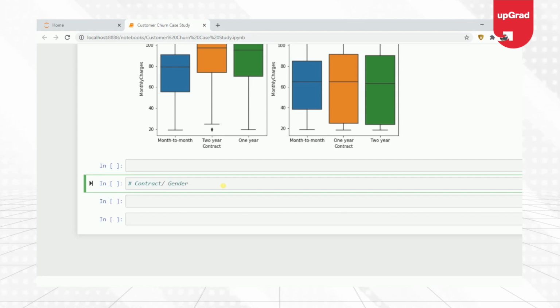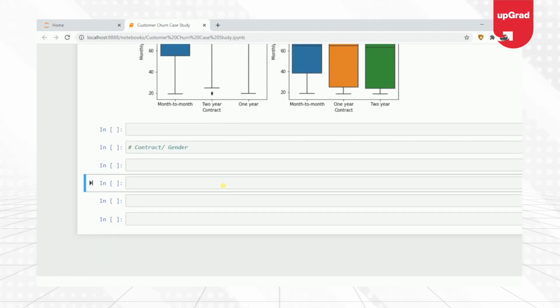So we are trying to figure out whether gender is playing any role in the people who are leaving the company. Let us try to find the pattern based on these two parameters, contract and gender.